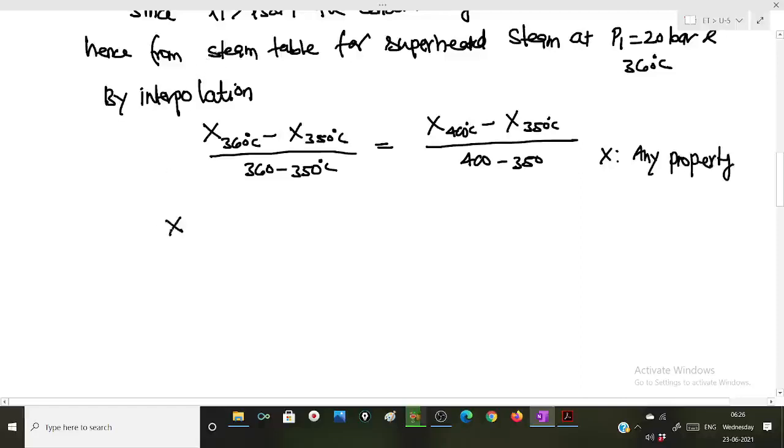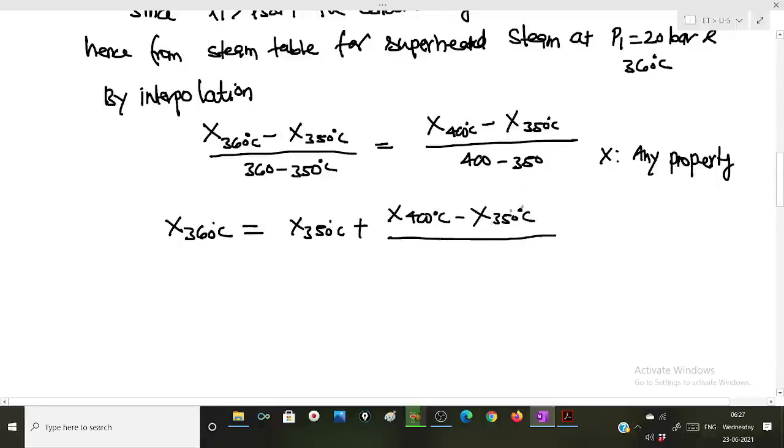So simplifying this formula, x at 360 degrees Celsius will be equal to x at 350 degrees Celsius plus x at 400 degrees Celsius minus x at 350 degrees Celsius, divided by 50, and this difference will be 10 degrees Celsius.